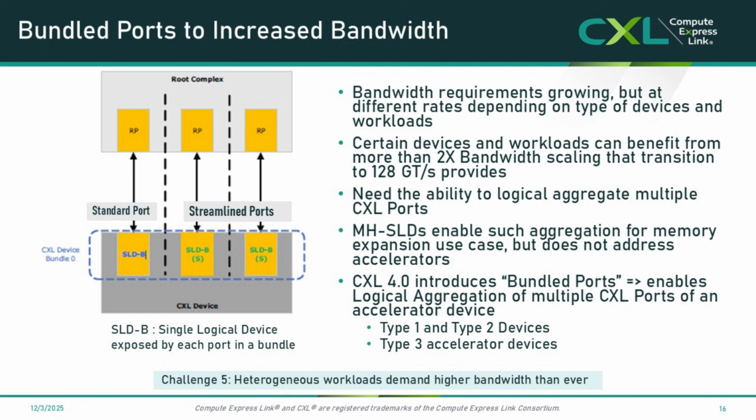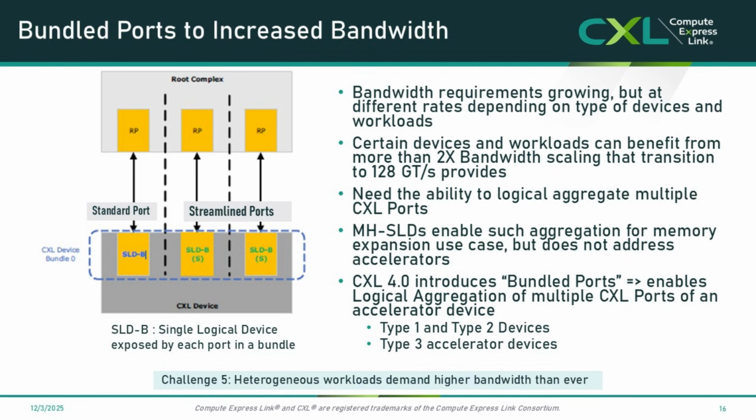Thank you, Debendra. So let's pick up from the second major improvement that was done in CXL 4.0. Let me first state the problem that we're trying to solve. Obviously, you can all see that the bandwidth requirements are increasing at a very rapid rate. But what we're observing is that the rates vary based on the type of device and the workload.